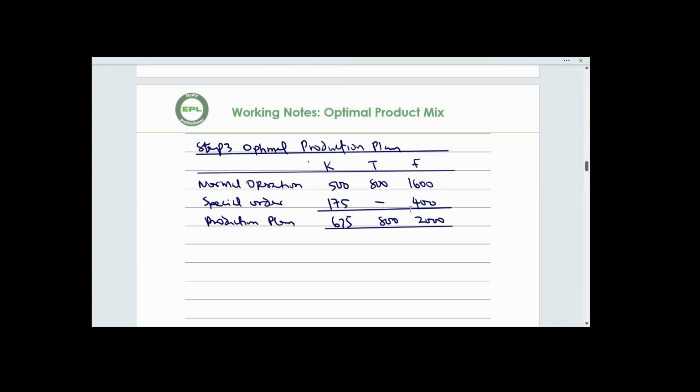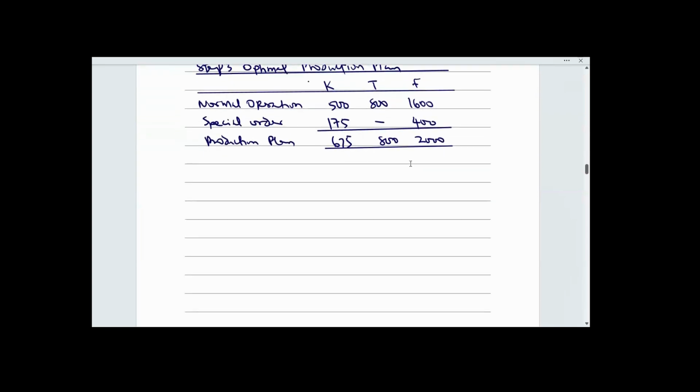Now that you have determined the production plan, the next thing you need to do, step 4, is to calculate contribution margin.